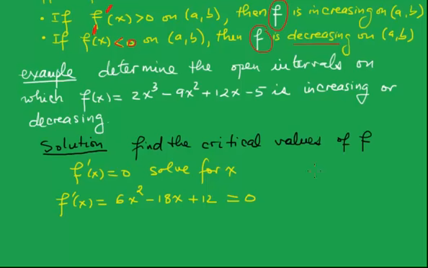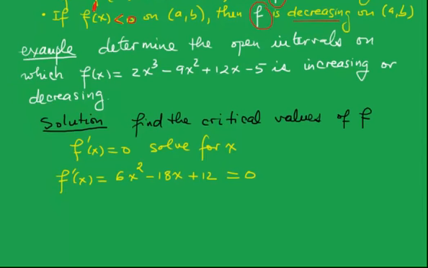And if we want to solve, we need to factor. For example, if we find a common factor, which here 6 is a common factor, we get x squared minus 3x plus 2 equals 0.